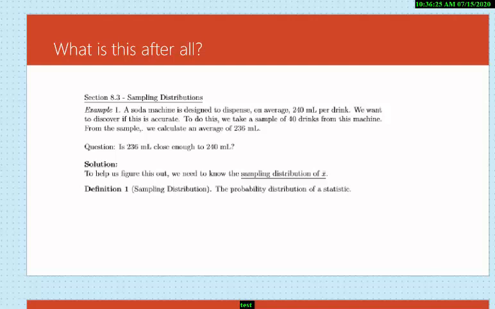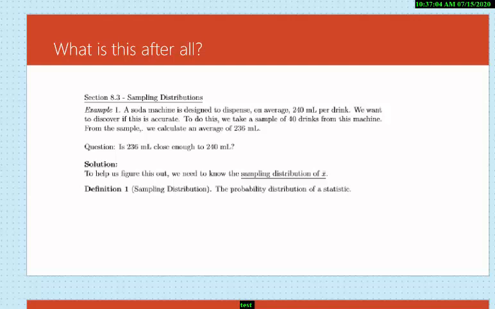Okay. From the sample, we calculate the average. So you take the sample, and the average is 236 milliliters. Okay, what does this mean now? Well, 240 milliliters is what you want the machine to dispense. 236 milliliters is what this sample shows you. Now, if you look at this data one by one, you may discover that some of them will be at 241, 242, 248 milliliters, and some of them may be at 236, 235, 231, 230 milliliters.